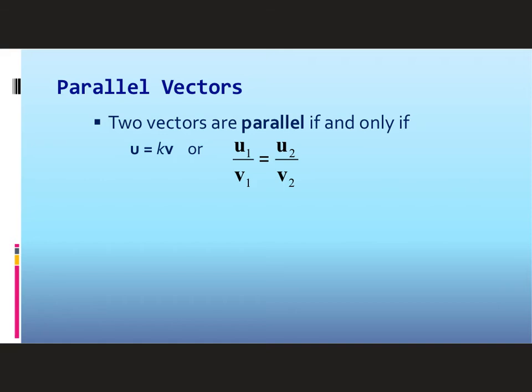Look at it. U equals A. You take U and you put it over what? The V's. Like U1 over V1. We talked about parallel at the very beginning: the direction, its slope, all right? So this is just a watered down slope version.